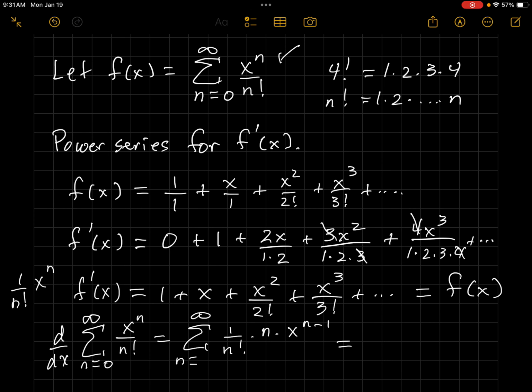But, and let me do it up top where I have a little space here, what is n over n factorial?